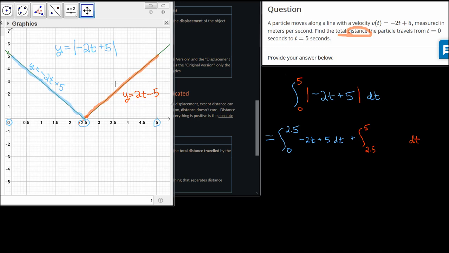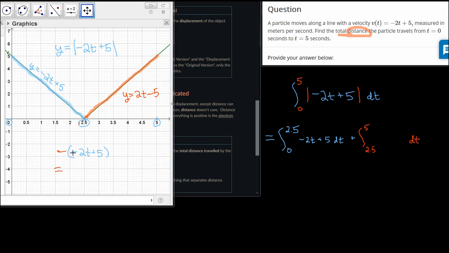So what I'm trying to say here is, in some sense, an absolute value function is like two functions put together. An absolute value function might seem kind of scary, but really it's just two functions put together. And what's interesting about those functions is they have a close relationship. Notice what happens if I take the negative 2t plus 5, and when no one's looking, I put a negative sign in front of it.